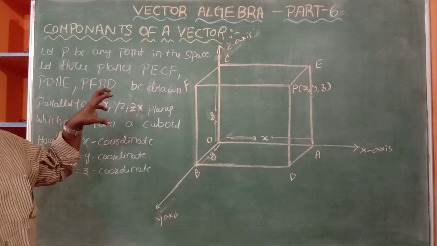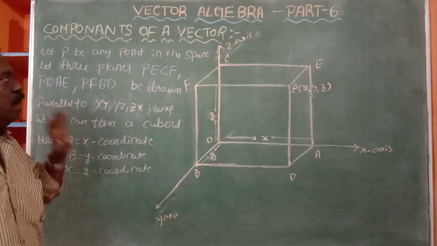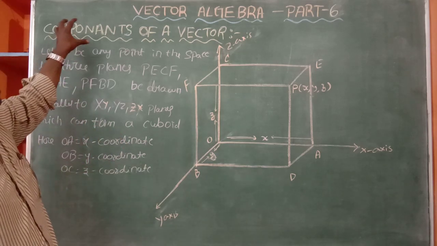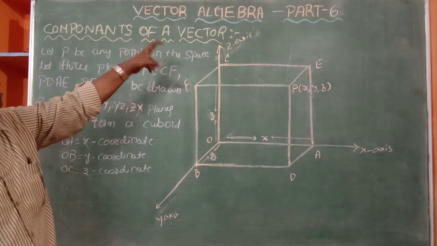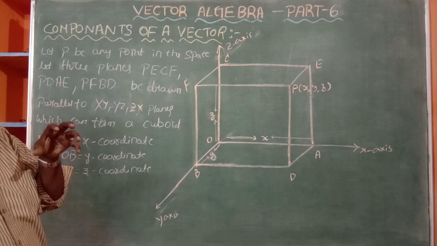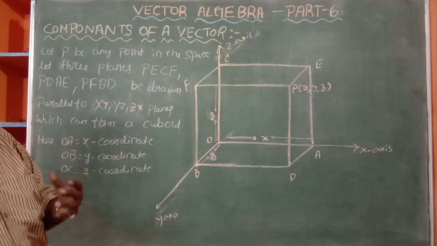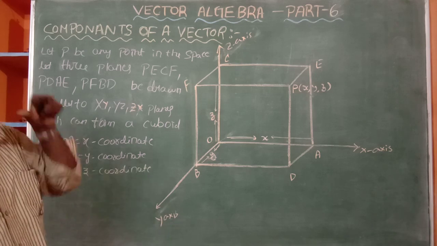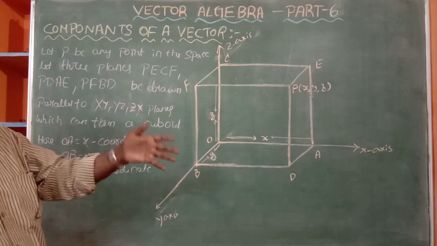Now, this is an important concept. Actually, a vector is expressed geometrically here, but now we come to the components of a vector. Up to now, we can define a vector mathematically by length and direction: AB bar, 10 units, 15 units, like that.